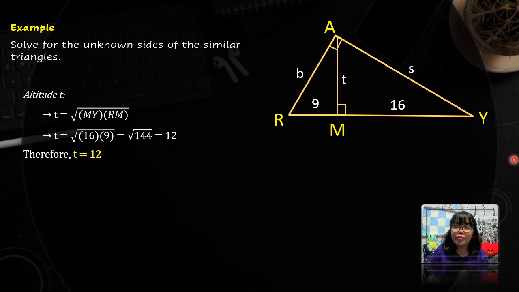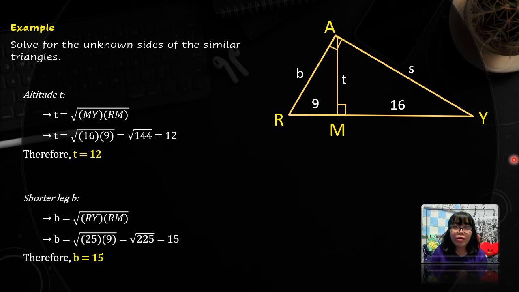Next one, we will be getting the other leg, or the one leg of our triangle. So that is shorter leg B. So we will be getting the measure of this leg here, leg B, or your segment RA or AR.